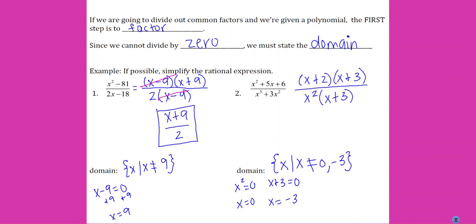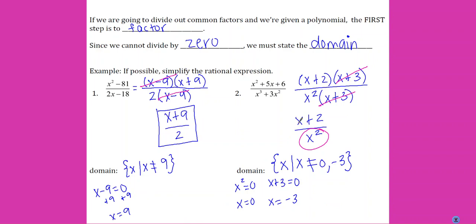Now we can cancel our common factors. We'd have x plus 2 over x squared. Now, a lot of people will see this x squared and this x and want to cancel. Do not do that. That's not allowed.